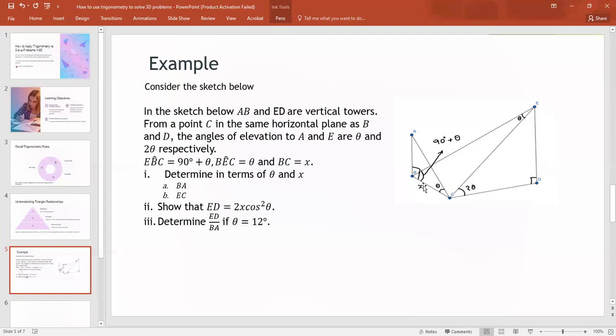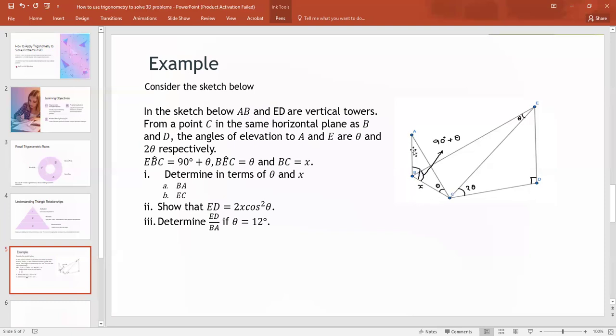How do we go about it? We first have to find out what sides are known. Remember, BA is this tower here, and in this tower, we want to check what triangle corresponds to this. So we have the triangle ABC, which is a right angle triangle. Why do we choose this?